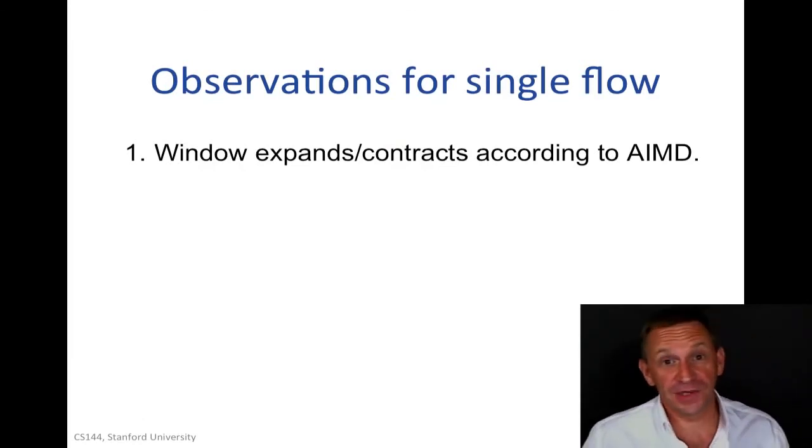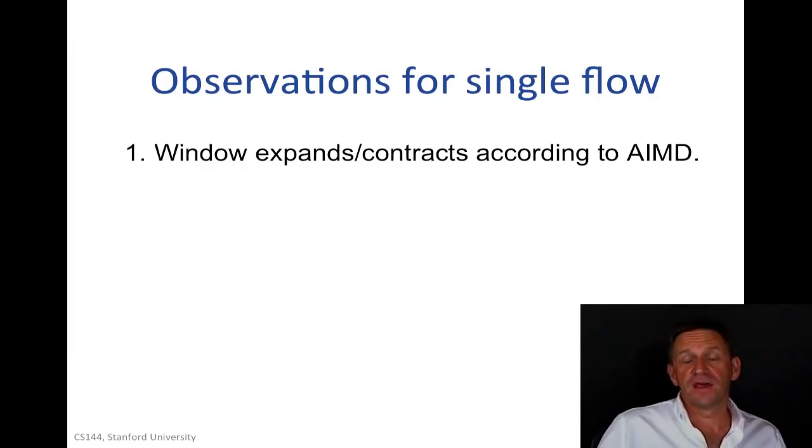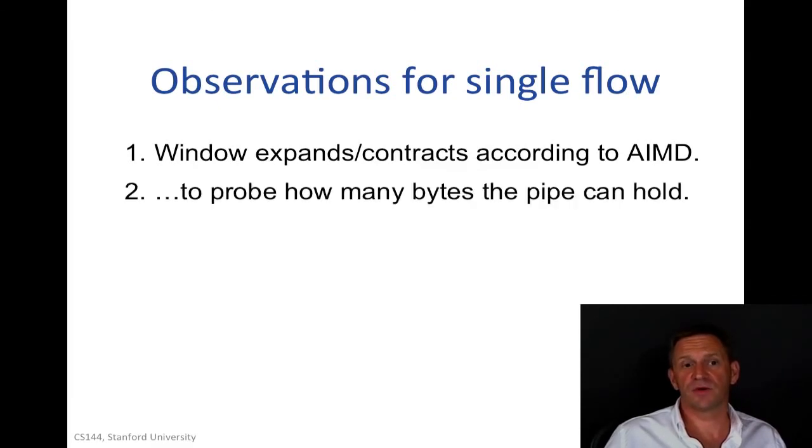Let's summarize what we've learned for a single flow. The window is going to expand and contract according to AIMD, the additive increase multiplicative decrease, which is going to modulate the size of the TCP sliding window in order to determine how many outstanding bytes there can be in the network. Essentially, we're probing how many bytes the pipe can hold from end to end. And we're constantly going to be probing by changing the size of that window.